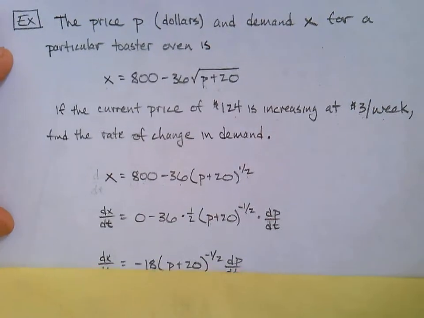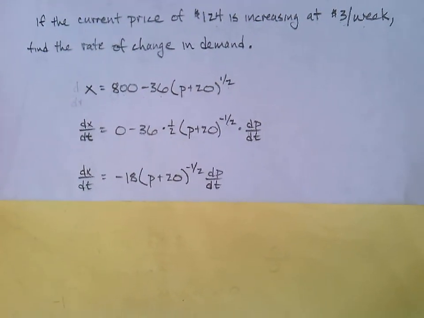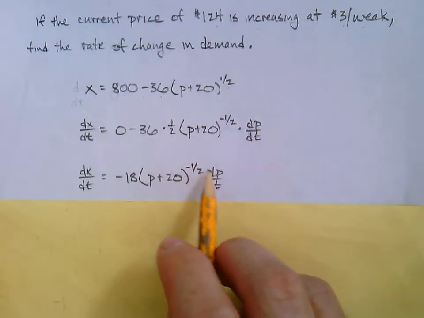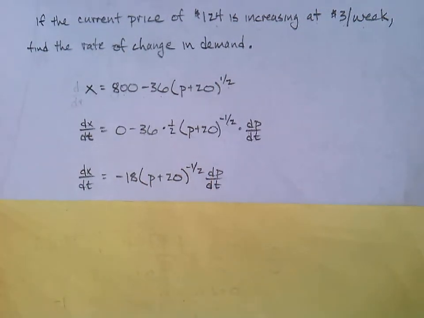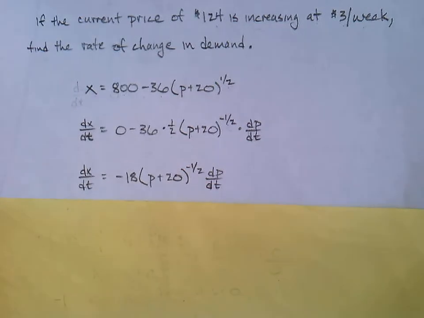Now let's clean that up just a bit. dx over dt equals negative 18 (P plus 20) to the negative 1/2 dp over dt. Okay, looks good. If you really want to go a step further, and I actually recommend this, when you see that (P plus 20) to the negative 1/2, we're about to plug in some numbers.